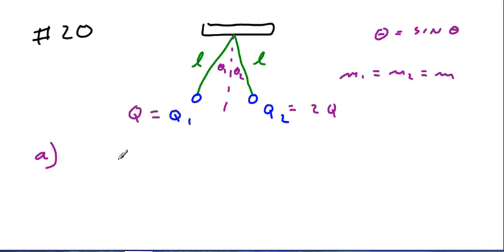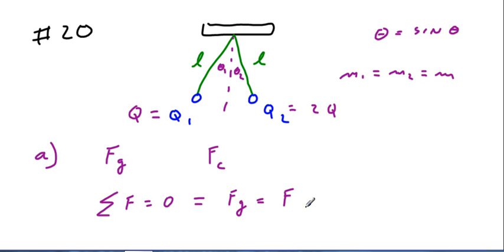We got some force due to gravity, right? And we have some force due to the charges. So we got some force due to the charges, and the summation of those forces has to be 0. So that being the case, the force due to gravity had better be equal to the force due to the charges.